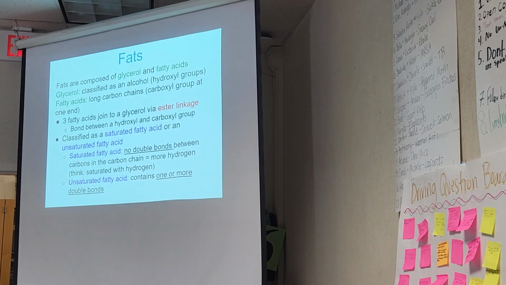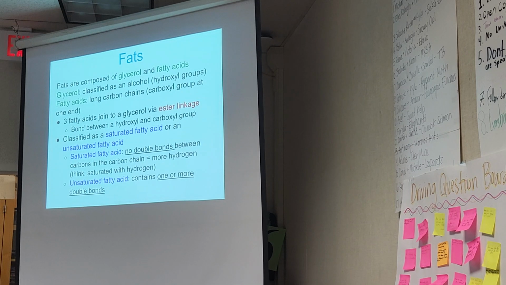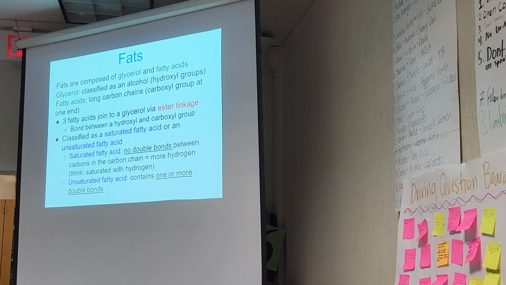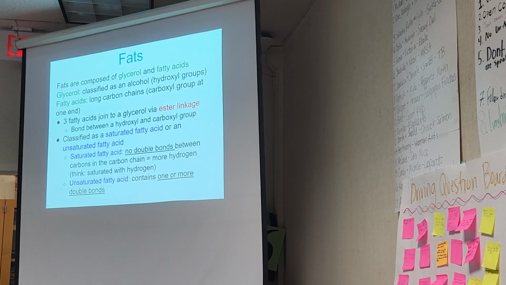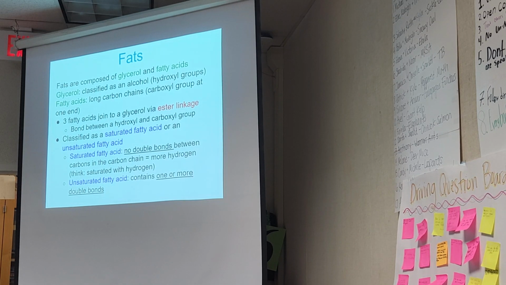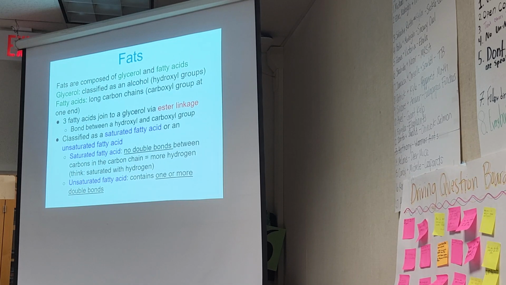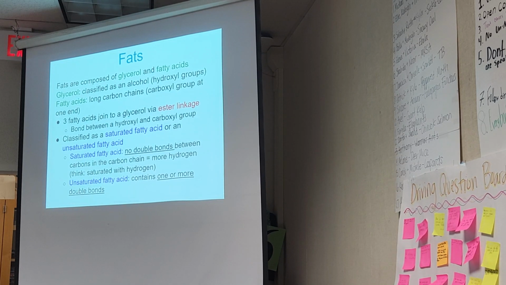So the top one or the bottom one, which one has room for another hydrogen? It's kind of a trick question. If this double bond gets broken, it has room for hydrogens, but with the double bond there, it doesn't.